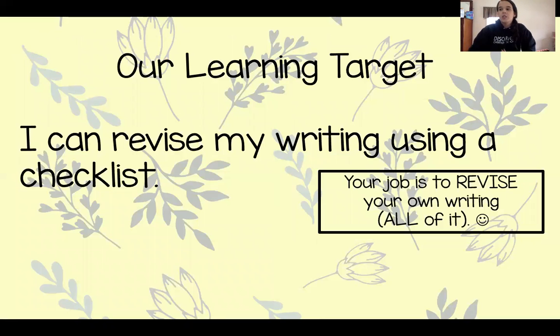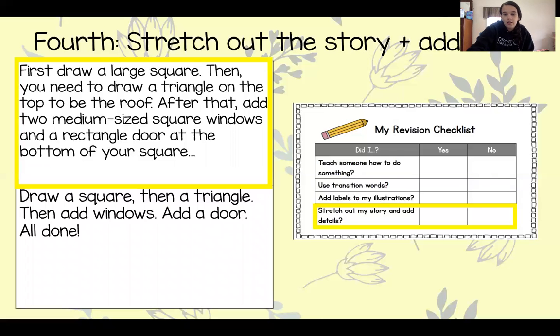Good job, friends. So now it's going to be your turn. On Google Classroom, I'm going to attach the revising checklist. Remember, the revising checklist looks like this right here. So I'm going to attach it. If you have a printer, you can print it out. If you don't, you can just go through in your head and check it off, whatever you need to do. But make sure you look through all of your writing, all the pages of the writing that you did. So your introduction, your step 1, 2, 3, and 4.